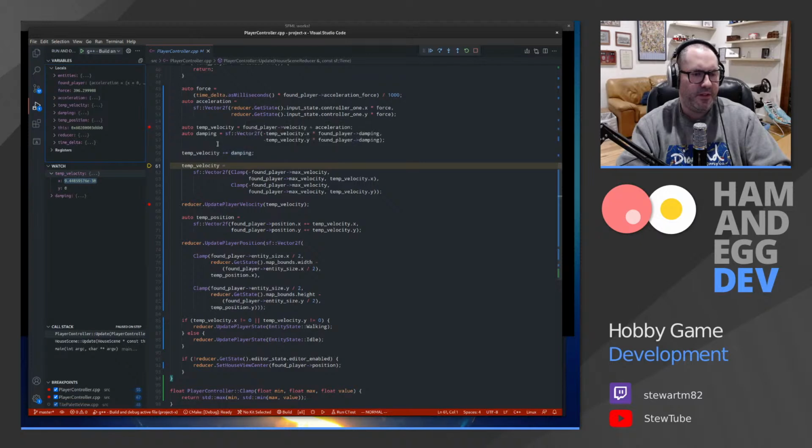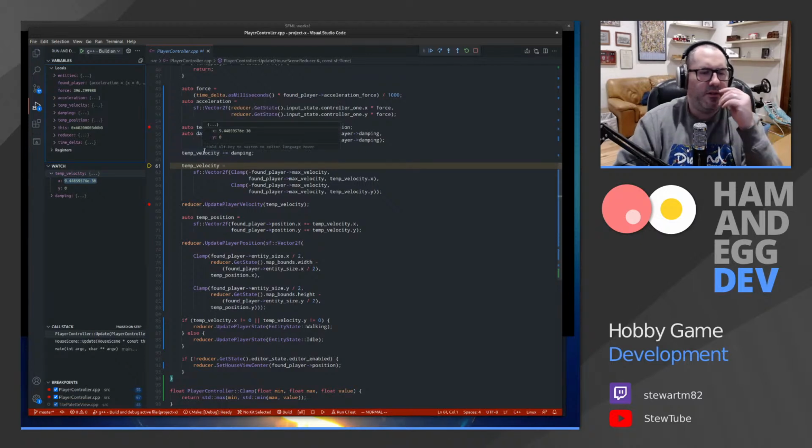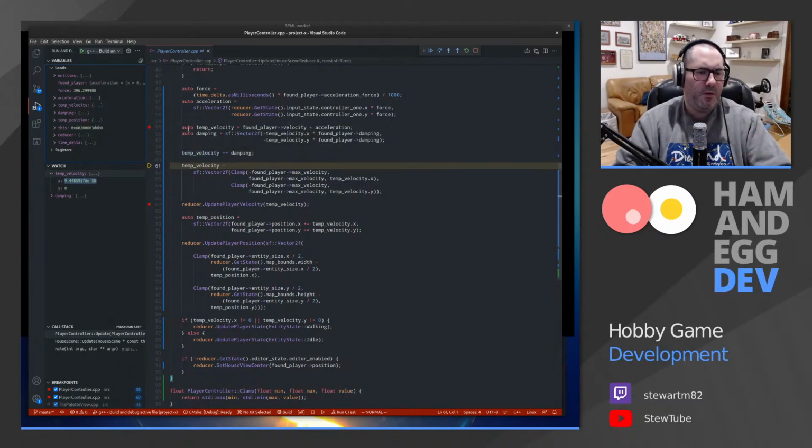Because the temp velocity last run was... Damping is that. But that has gone to 9 all of a sudden. What's happened there? Is this not working?